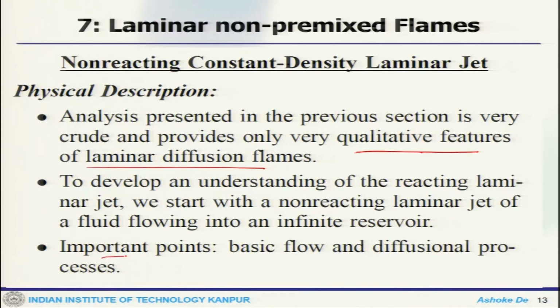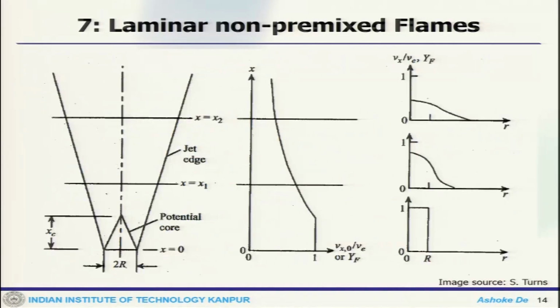One important point to be noted is the basic flow and diffusional process. If you try to define the problem schematically, this is the diameter of the jet, this is how the jet core will evolve, and this is the edge of the jet, because there would be some shear layer in a free, or unconfined, jet.